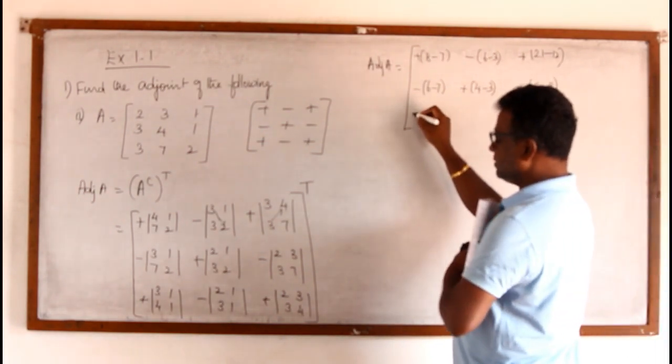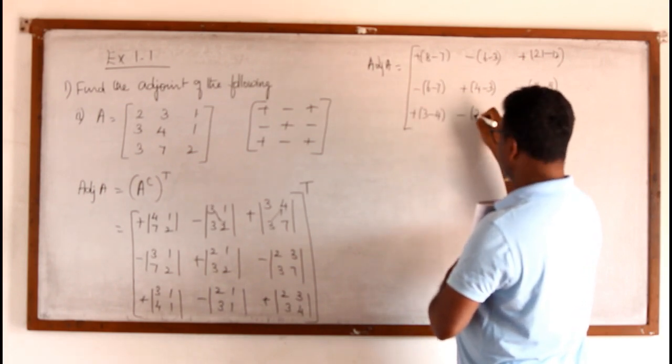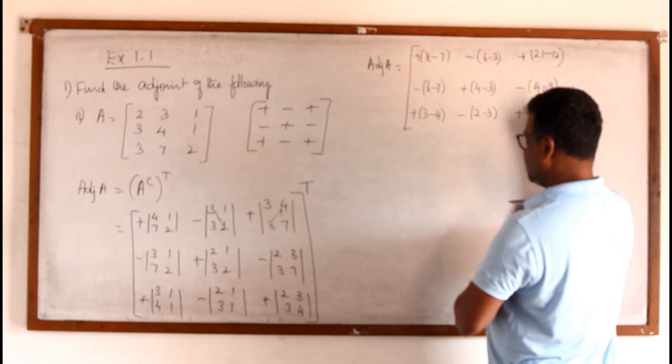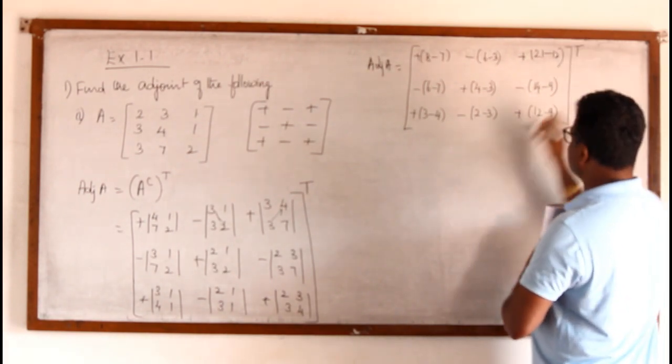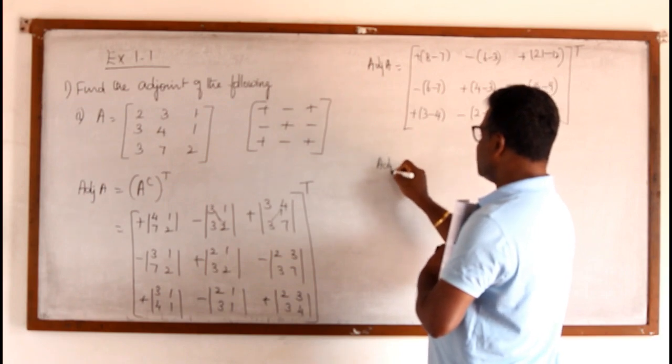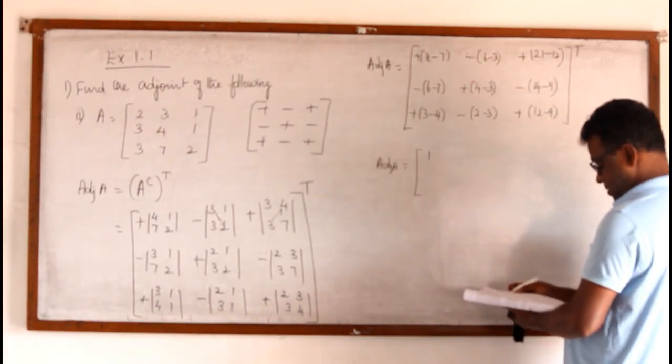Now it is plus 3 minus 4 minus 2 minus 3 plus 12 minus 9. Whole matrix, the transpose. Therefore, adjoint of A equal to 8 minus 7 is 1.